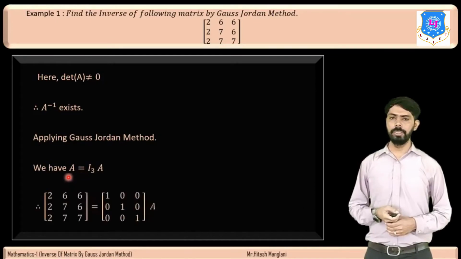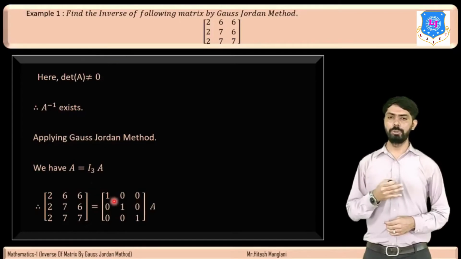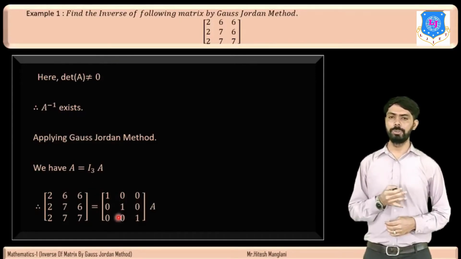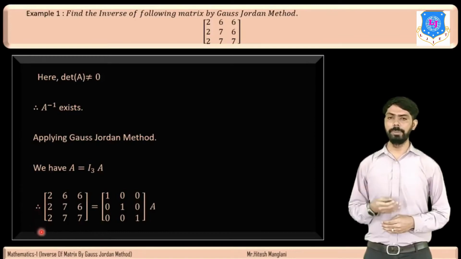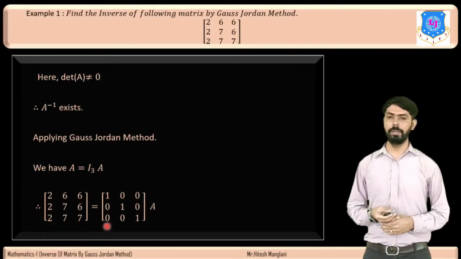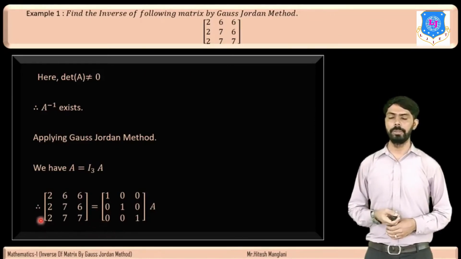So A is 2 6 6, 2 7 6, 2 7 7, equal to the identity matrix of order 3, which is 1 0 0, 0 1 0, 0 0 1, into A. Now we will convert the matrix A on the left hand side to the identity matrix, and for that we will apply row operations, and the identity matrix will be converted into matrix B. Then that matrix B is called the inverse of the matrix. So here we will use elementary row operations.